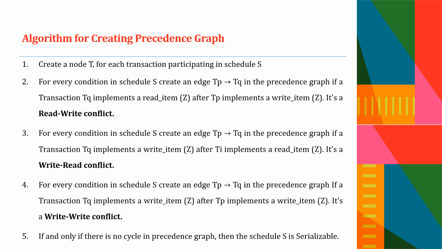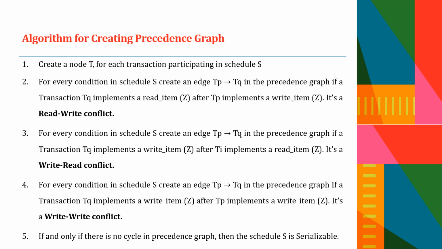And the third condition is: for every operation in schedule S, create an edge TP to TQ in the graph if a transaction TQ executes a write item of Z after TP executes a write item of Z. That is a write-write conflict, a blind write operation.